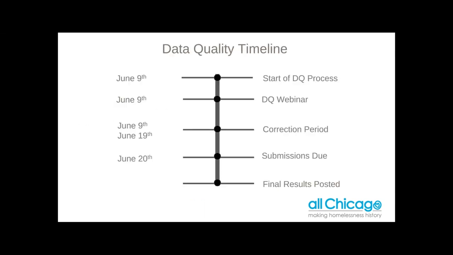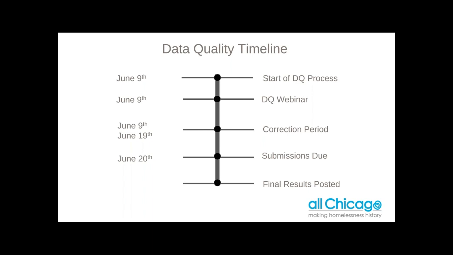Okay, so the data quality timeline, we'll go through it really quick, is the start of data quality is going to start today, June 9th. Today is also the webinar. The correction period that providers have to make those corrections is going to be between June 9th and June 19th.